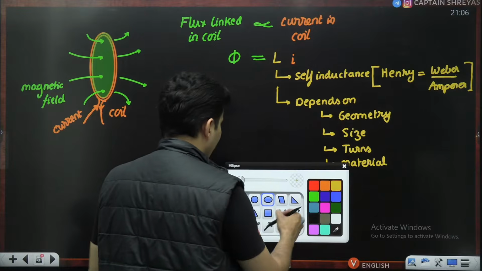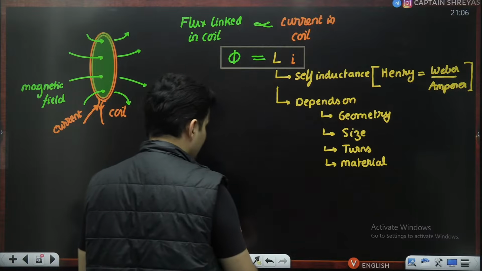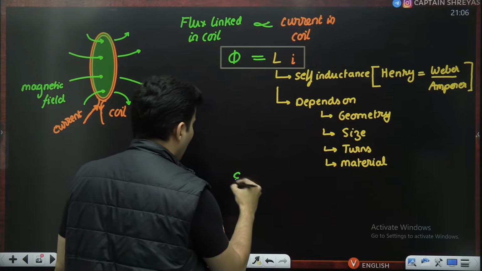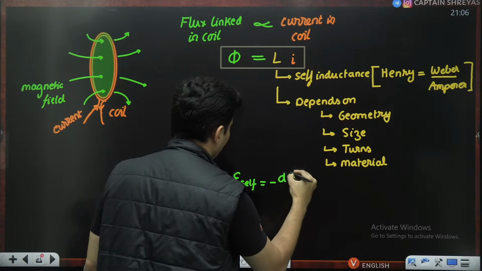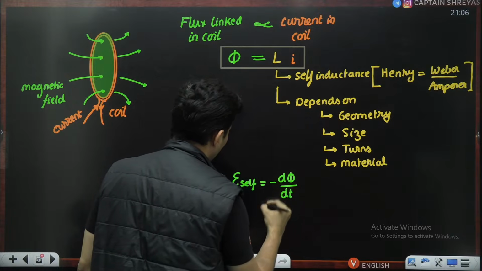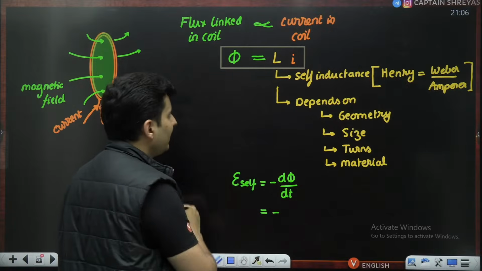Apart from this, by differentiating this, you can find the self-induced EMF, which is negative d phi by dt. This negative just says it is opposing, otherwise it has no meaning magnitude wise.